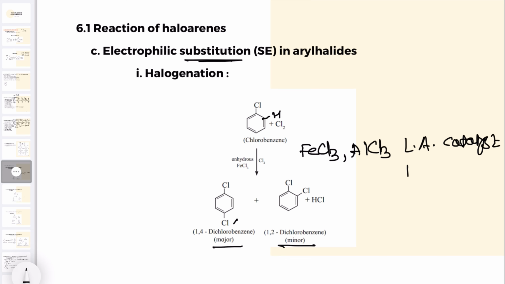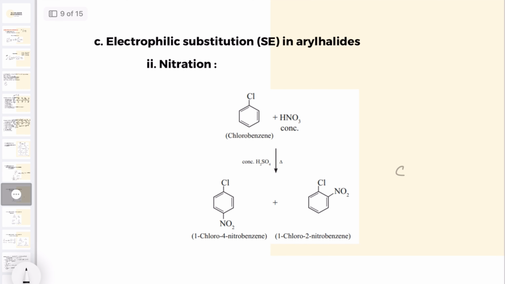One of the hydrogens of this chlorobenzene, either from the ortho side or from the para side, is replaced by the chlorine, and removal of HCl takes place. But in case these two products are obtained, the major product is always the para product or 1,4 product.